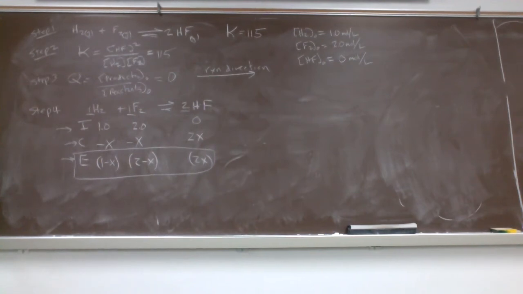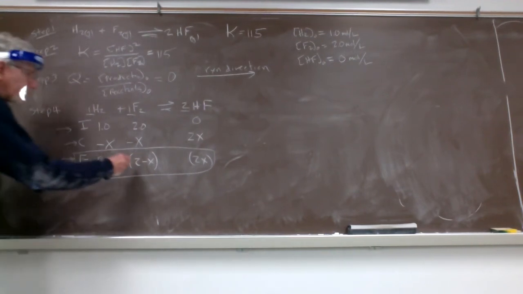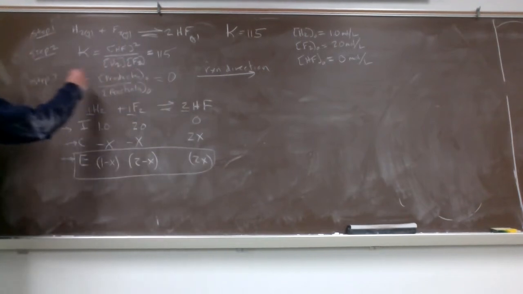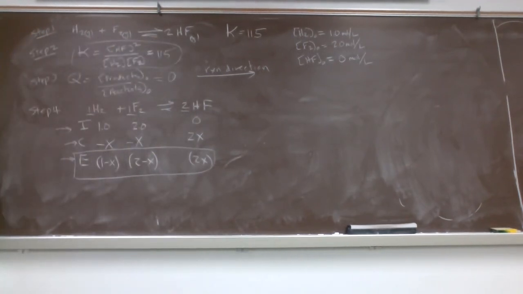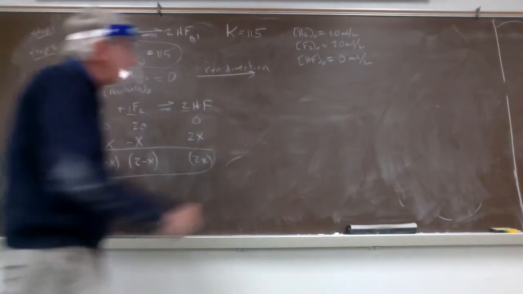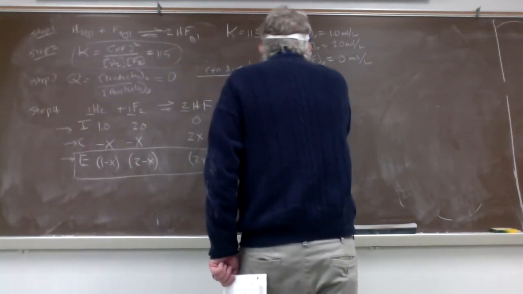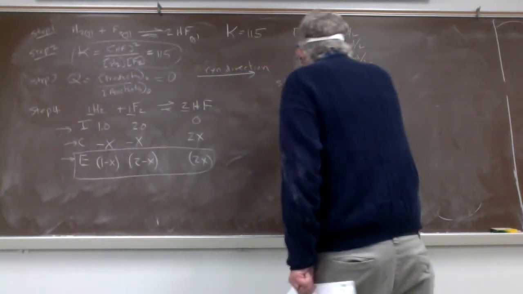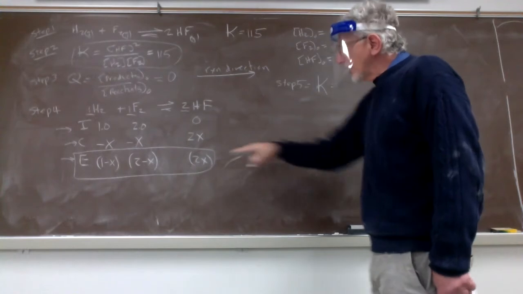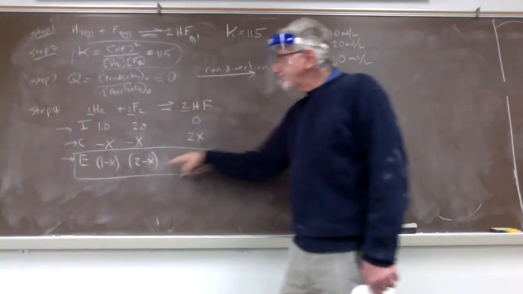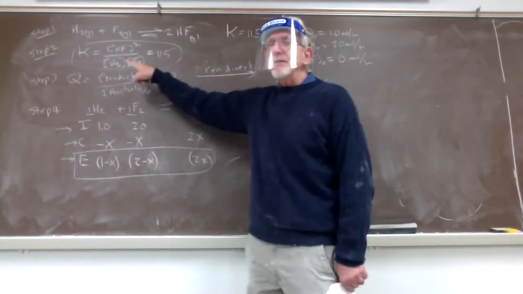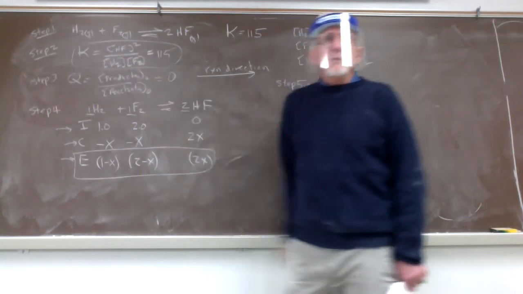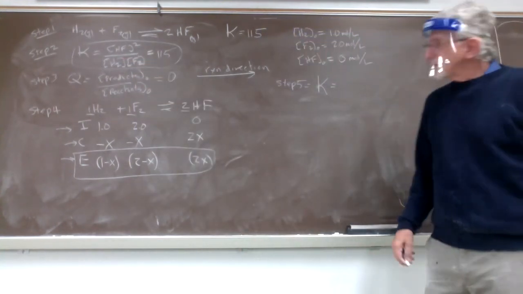And how do we do that? By taking these equilibrium concentrations and plugging them into the equilibrium constant. So that's step 5. We're going to take these equilibrium concentrations expressed in terms of X and plug them directly into the equilibrium constant expression.